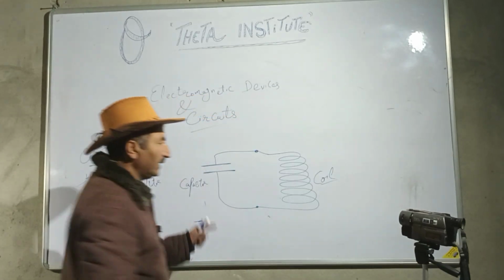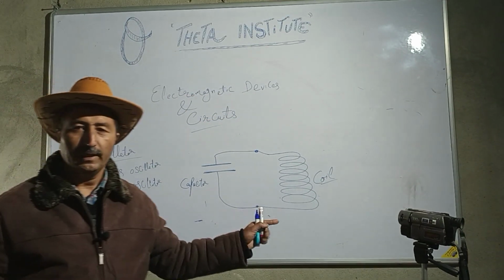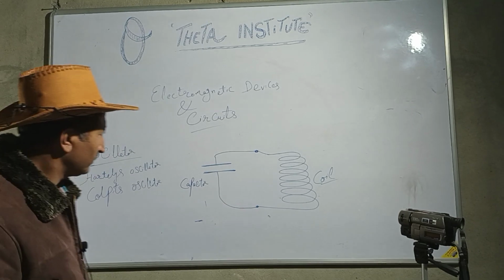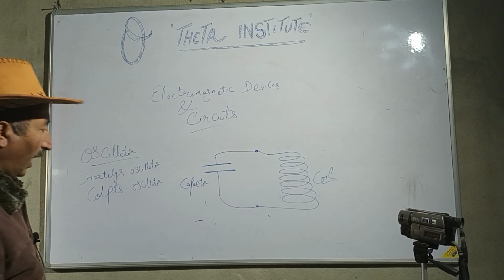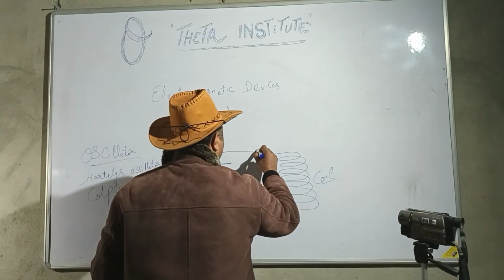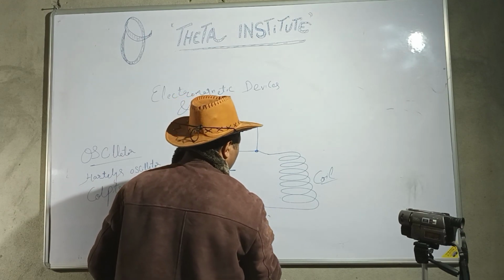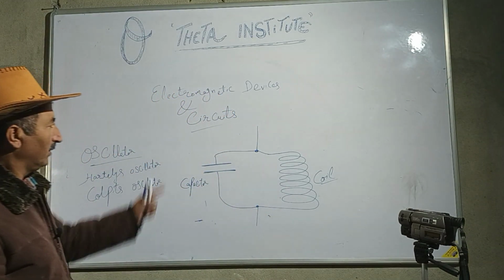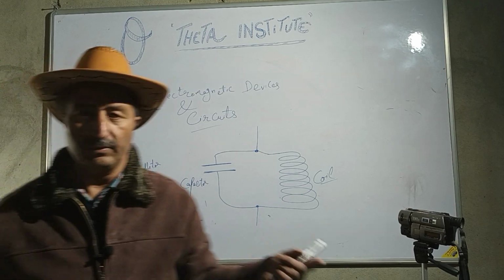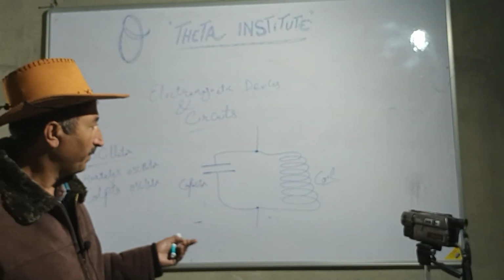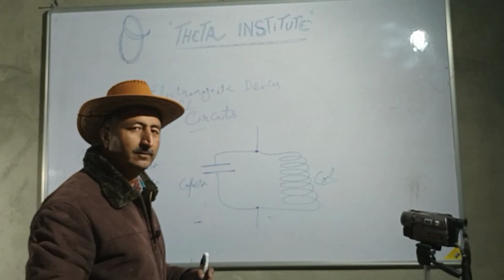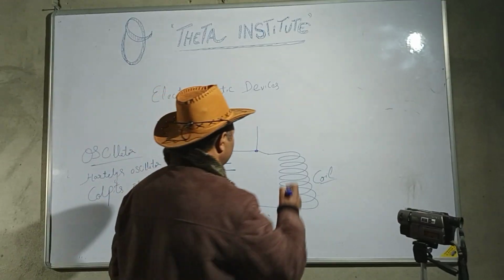We have connected a capacitor and a coil in parallel combination, and these two terminals, when connected to a DC voltage, we will see what happens.